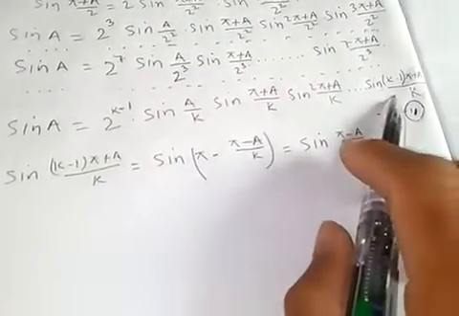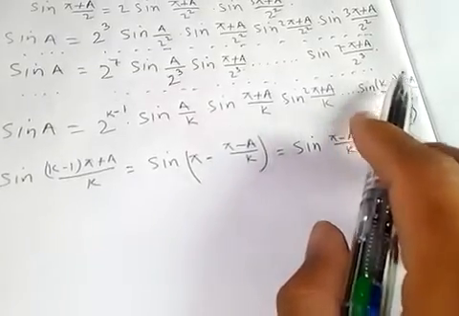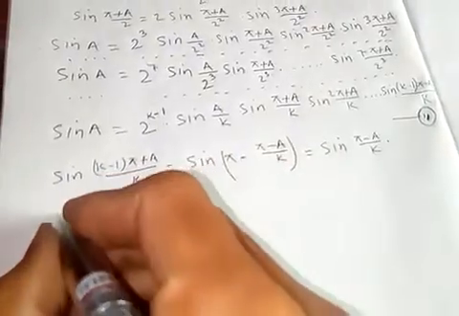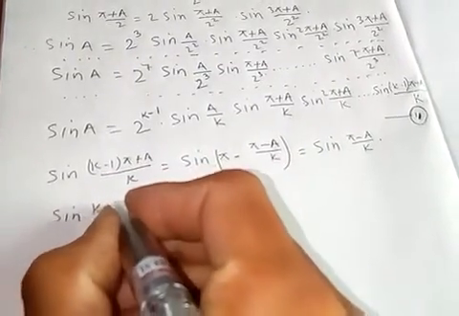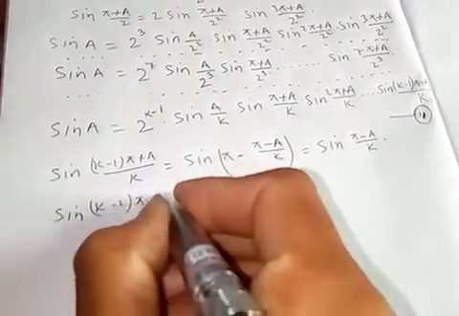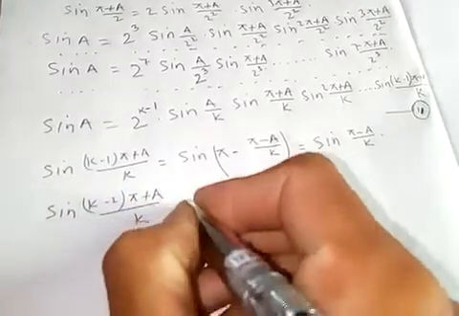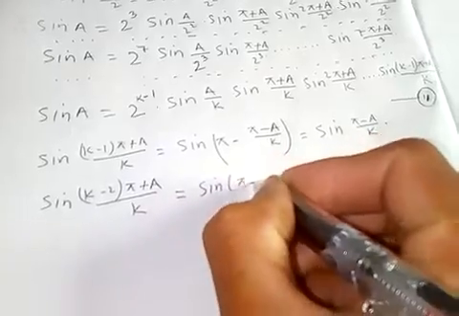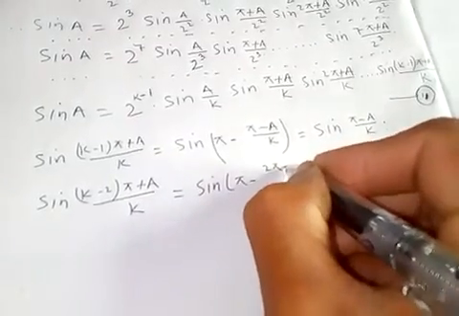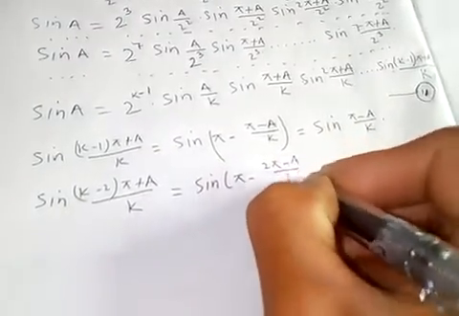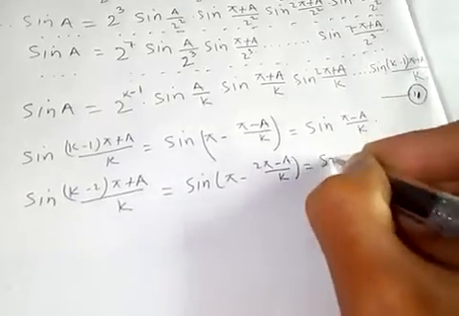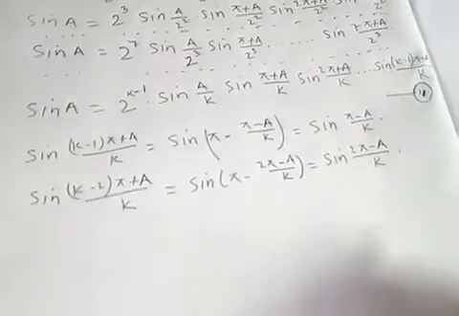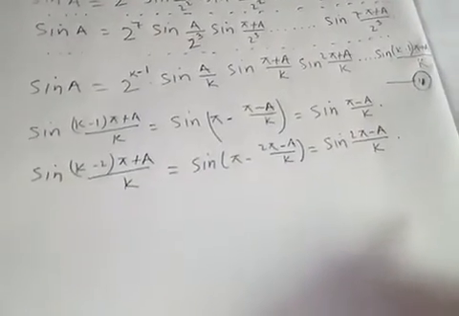And the last but one factor, that means the last second factor, will be sine of k minus 2 pi plus A over k, and if you simplify this again, you get sine of pi minus 2 pi minus A over k, which is sine of 2 pi minus A over k.